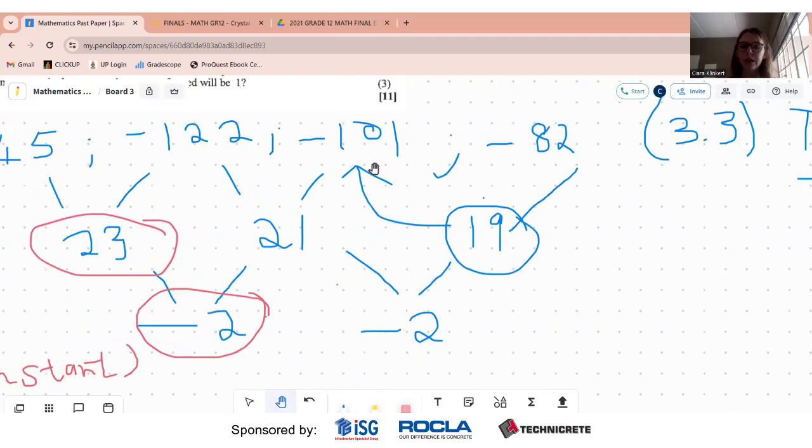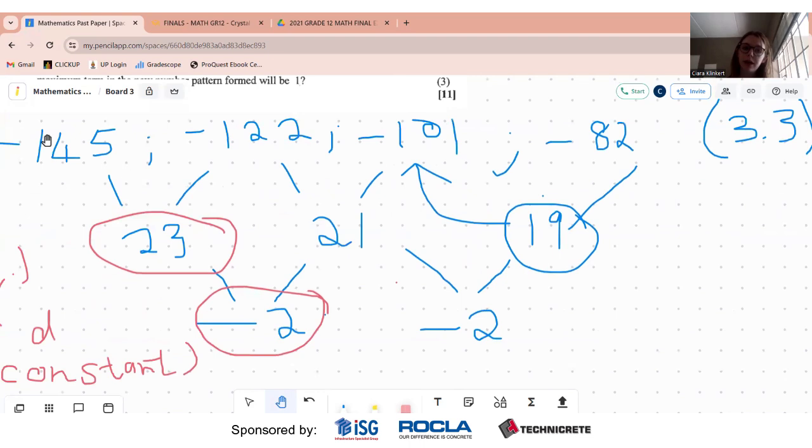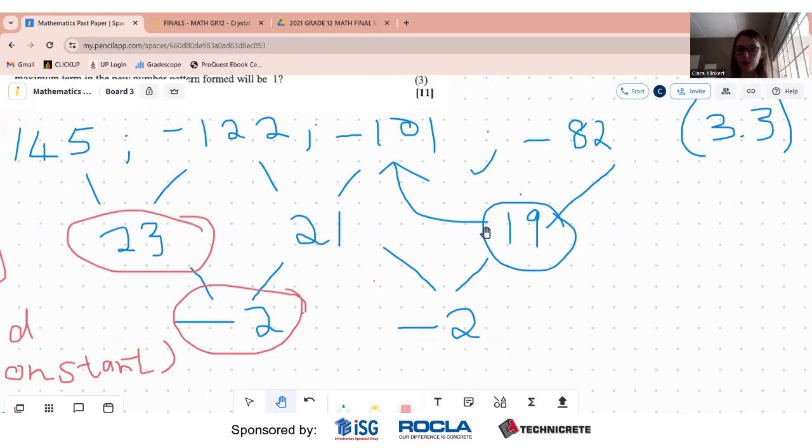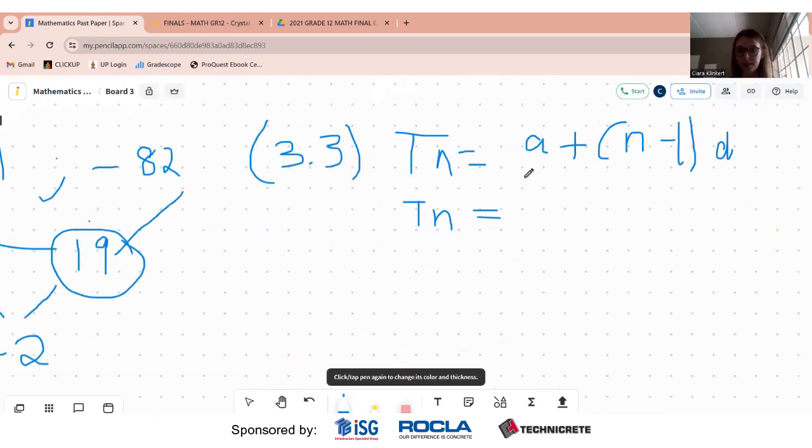And because I'm working with this first difference sequence, my first term is 23, not minus 145. Minus 145 is the first term of my quadratic sequence. I am looking at my first difference sequence, which is an arithmetic sequence. So a is 23.